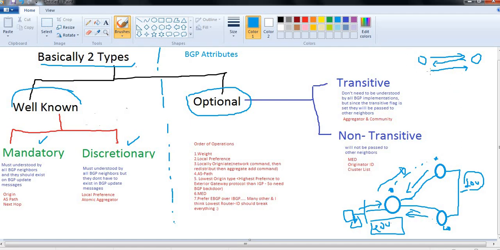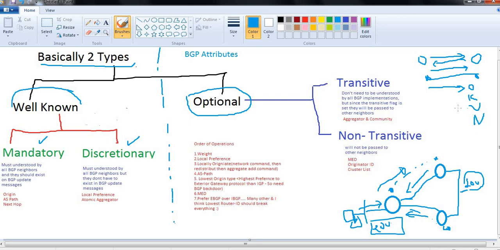Once the TCP session is established between router 1 and router 2, certain BGP messages are sent. The first is the BGP open message, then the BGP keepalive message, then the BGP update message, and then the notification message.